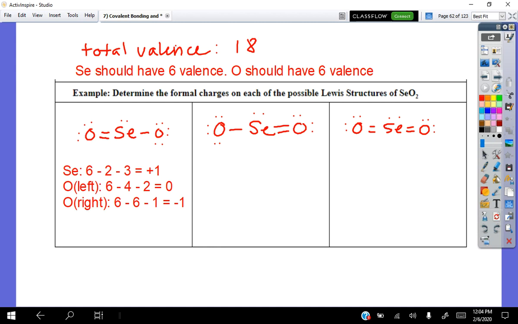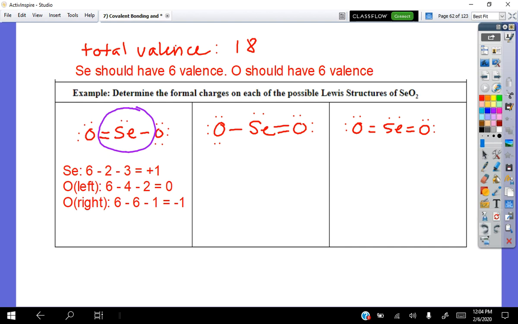So here, I start with the valence electrons for each. We already looked at the valence electrons when we figured out our original total number of electrons. We had 6 valence for selenium and 6 valence for oxygen. I know that if I'm looking at selenium, selenium has 2 dots existing as a lone pair, so that's why I subtracted a 2.